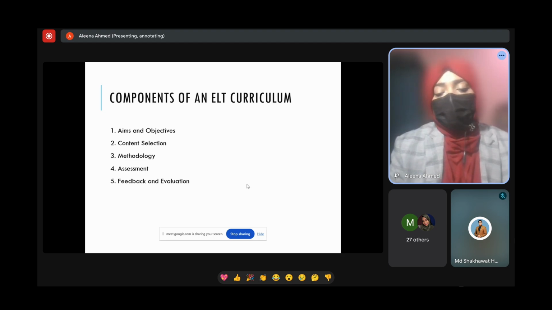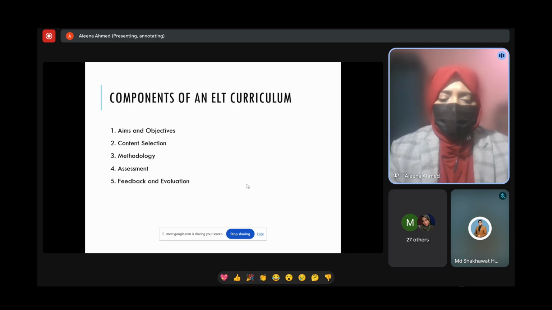So the exam system and the assessment that focuses on competing with their fellows actually lets the learners just compete but not think critically.